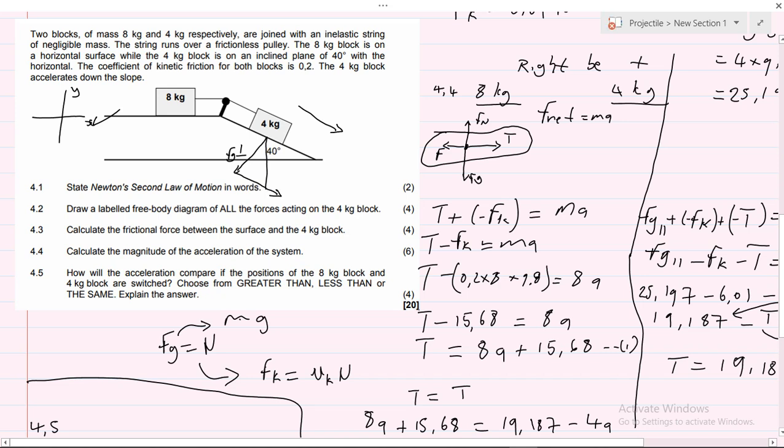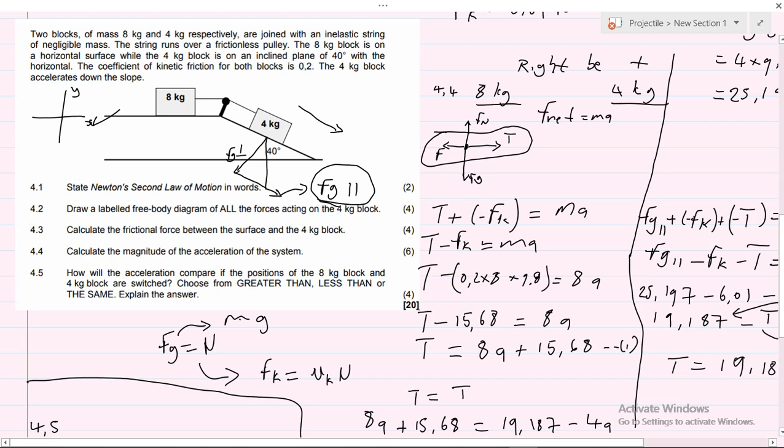I want us to look at this carefully: Fg parallel is the force that pulls the block down so that the whole system moves. So it is greatly influenced by gravity.